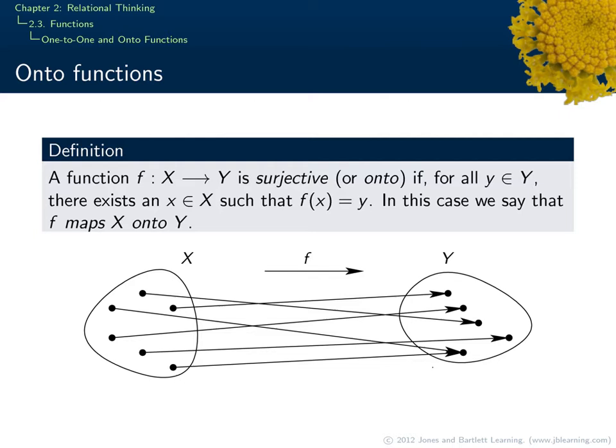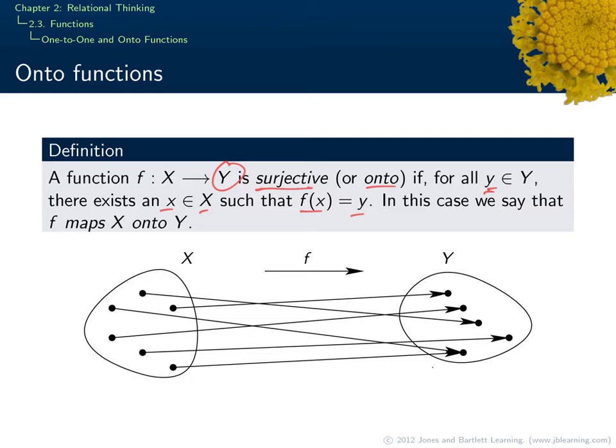Another property of functions that's of interest to us is surjectivity. We say that a function is surjective, or onto, if for every element y in the codomain there exists an element x back in the domain where f of x is equal to y.